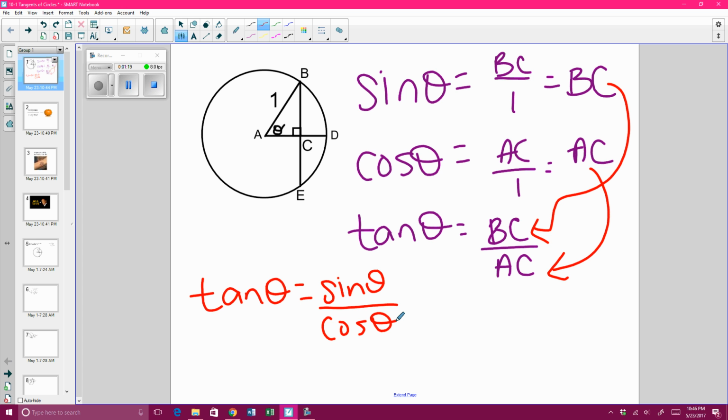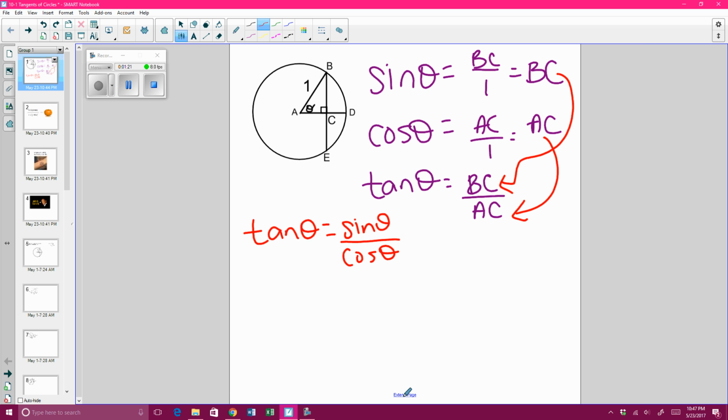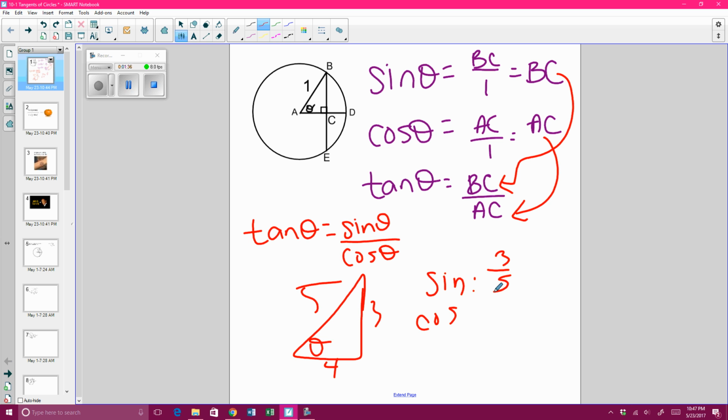Now, this makes sense if we look at it with an actual triangle. So let's just use a 3, 4, 5. If I found the sine of theta, it would be 3 over 5. The cosine of theta would be 4 over 5. Now, this is telling me that if I take sine divided by cosine, I should wind up with tangent.